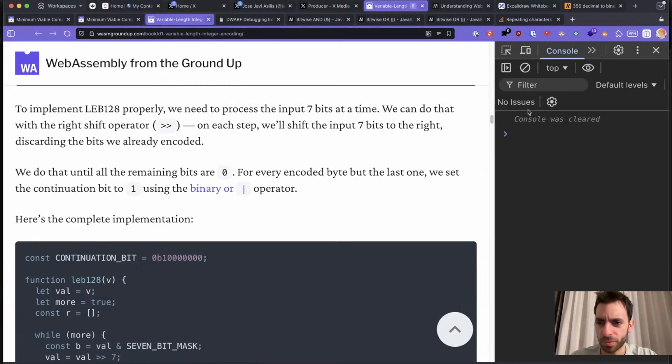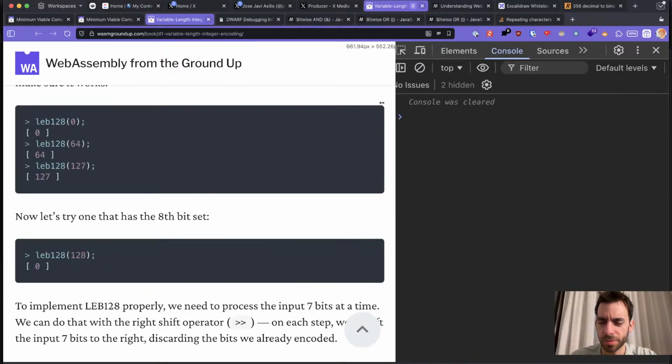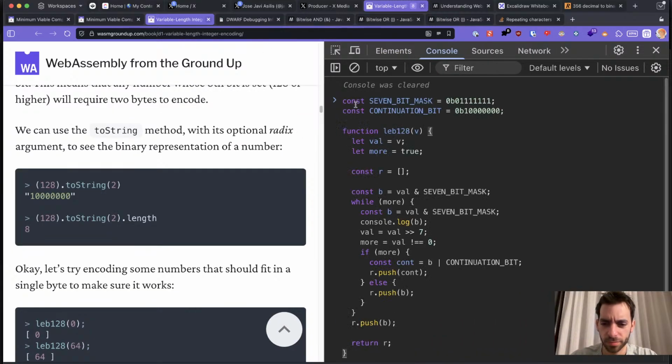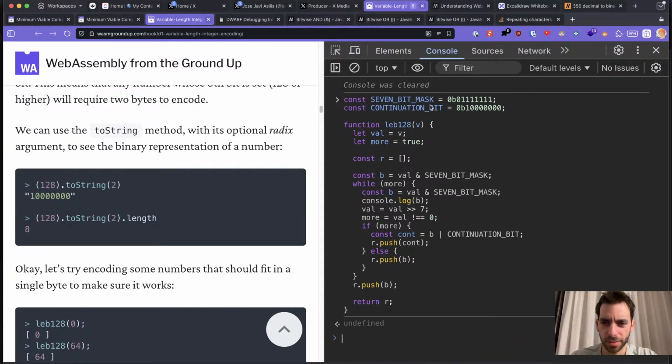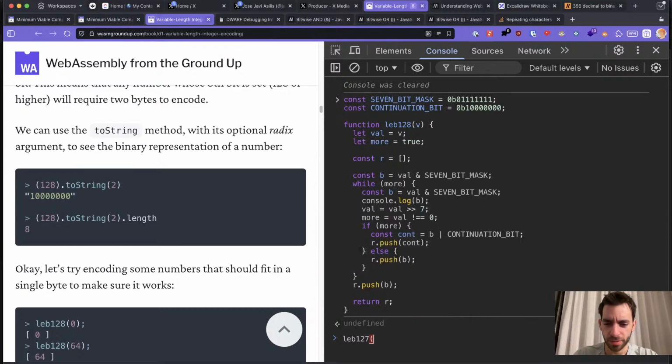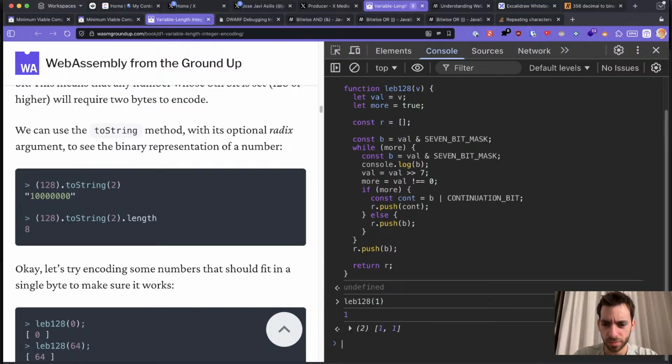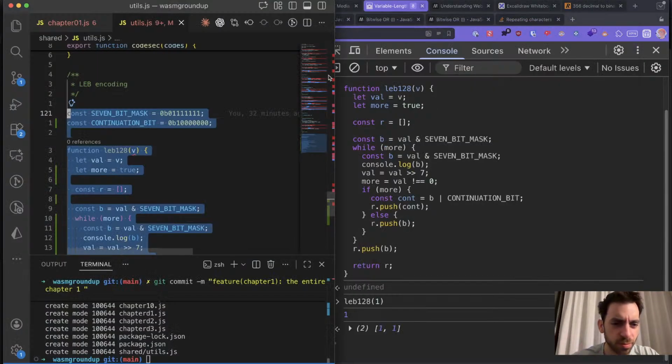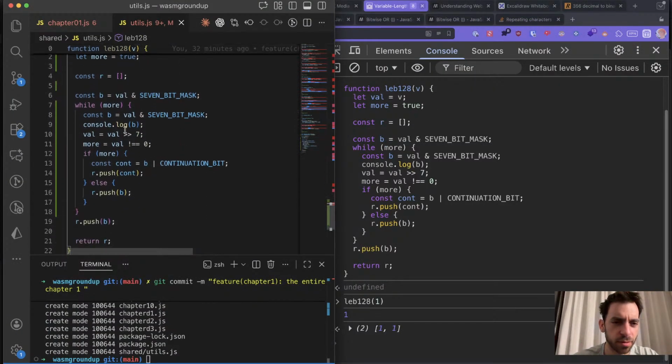maximize this, F12, move the console a little bit in here, and okay, I'm going to say LB 128, say 1. So we need better logging.